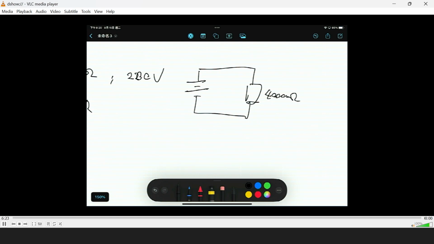They ask you what the energy dissipated is, the energy released as heat. How to calculate it? You have to use P equals IV, and you know that this important number I is missing.